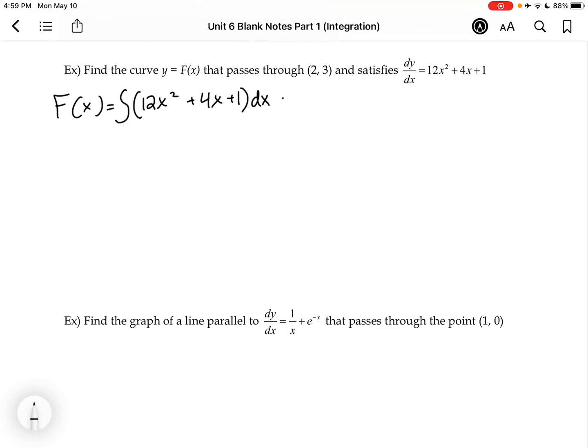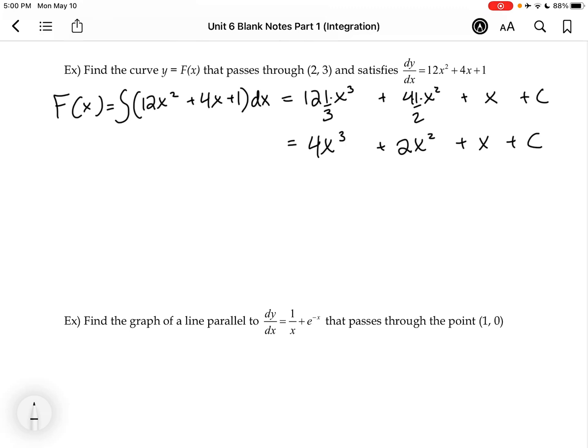Okay, so this is going to be 12x cubed times 1 over 3 plus 4x squared times 1 over 2, and then plus x, right? Derivative of x is 1, and then plus c, of course, right? So simplifying, this becomes 12 over 3 is 4x cubed, plus 4 over 2 is 2x squared, plus x plus c. So this is capital F of x.